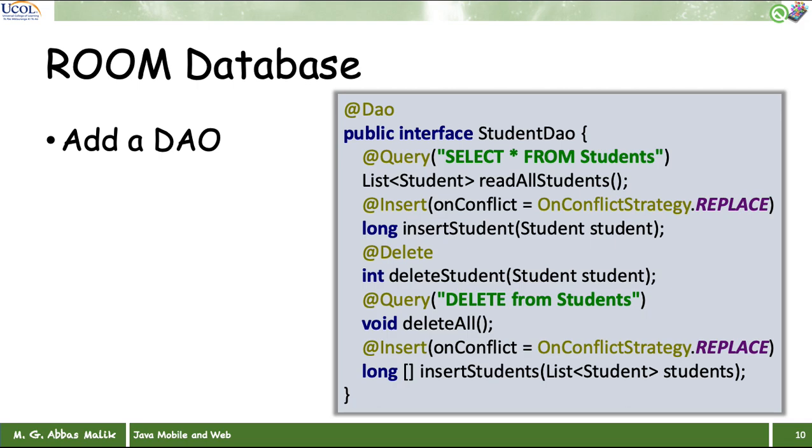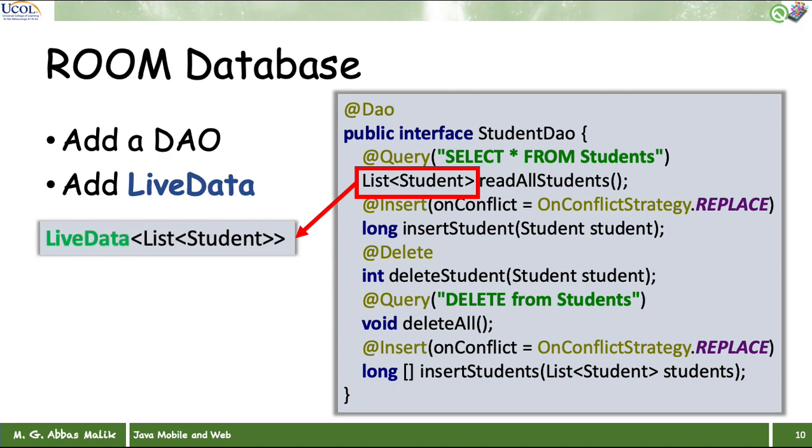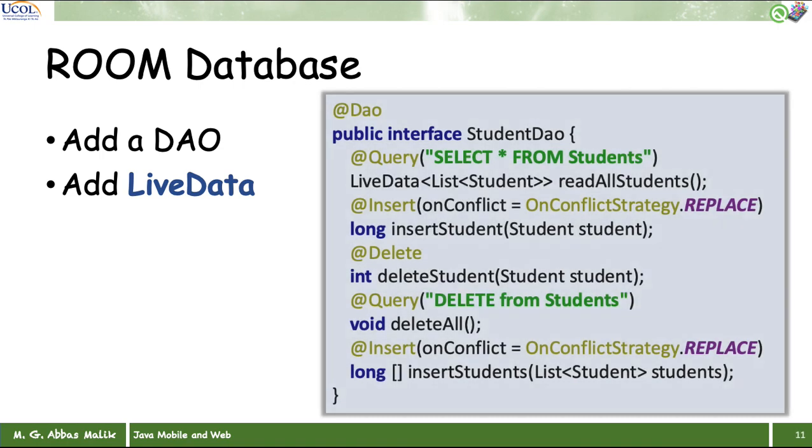And one thing, this is normally what we do, list students. Whenever we are reading records from the students table, it returns a list of the students. We need to change that return type to incorporate our LiveData. We replace that part with this, and once we replace it, our DAO will become like this.